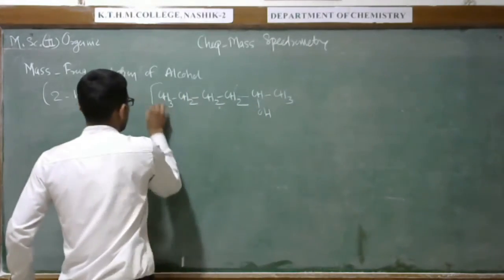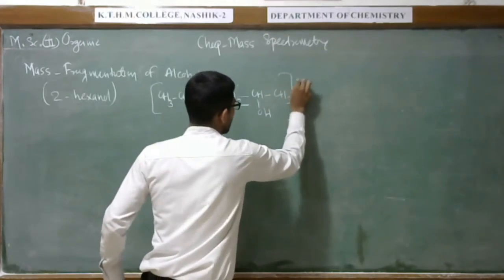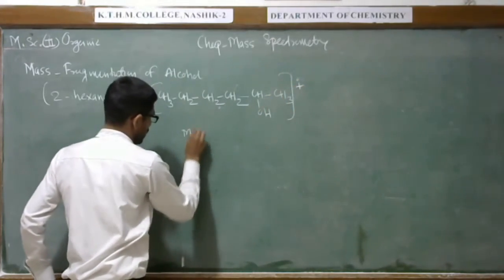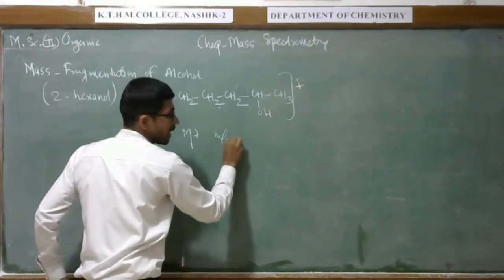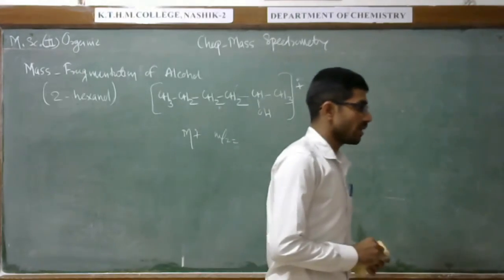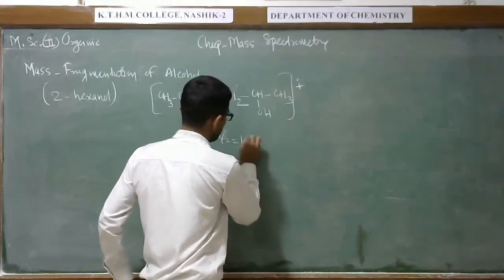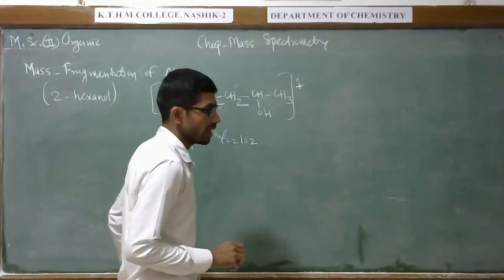Okay, in 2-hexanol, suppose this is the molecular ion. This molecular ion we can observe at mass to charge ratio at the value 102. At this value we can observe the molecular ion peak.